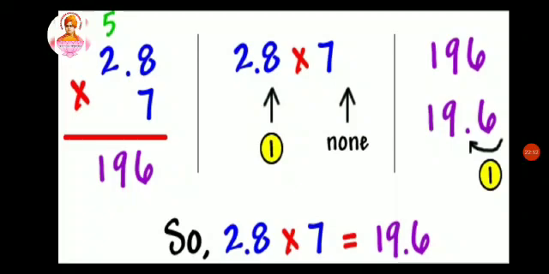In the question, you have one decimal place in the decimal part, so in the answer also you should put a decimal point, one place from the end, like 19.6. In my answer I have the number 196. In the question, 2.8 multiply 7, I have a decimal point after one digit, so in my answer also I should keep my decimal point after one digit.